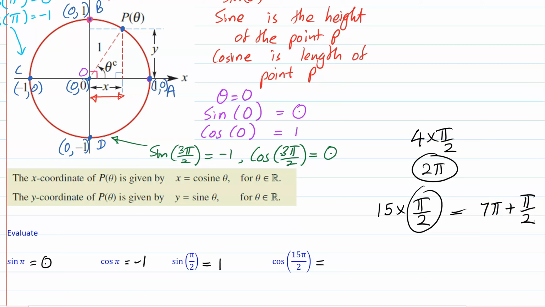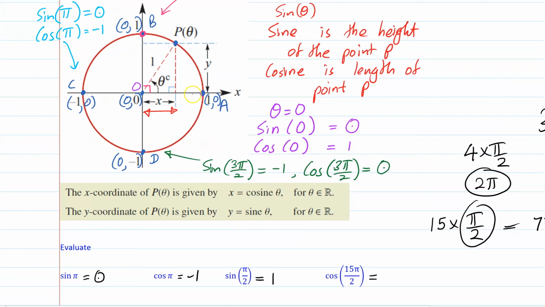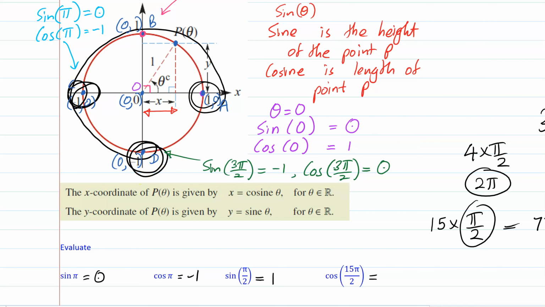So simply writing 15 on 2 as 7.5. That's what I did. So in 7 pi, I would have 3 full revolutions and another pi. Now I have 1 pi and a pi on 2. Well, 1 pi means all the way from A to C, and then another pi on 2 at D. So we get the answer.